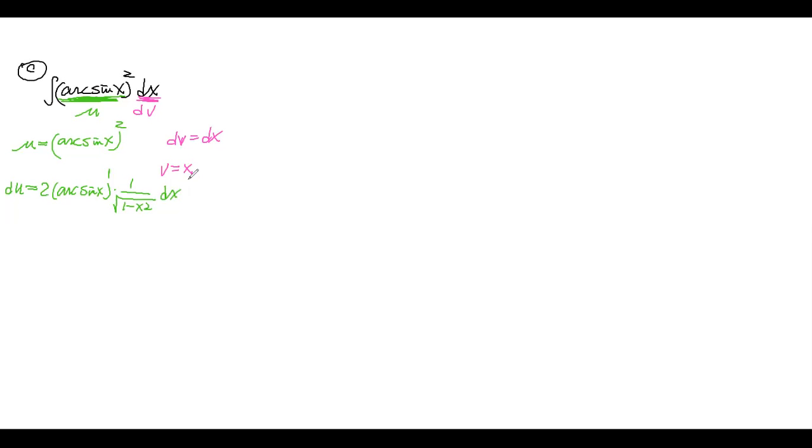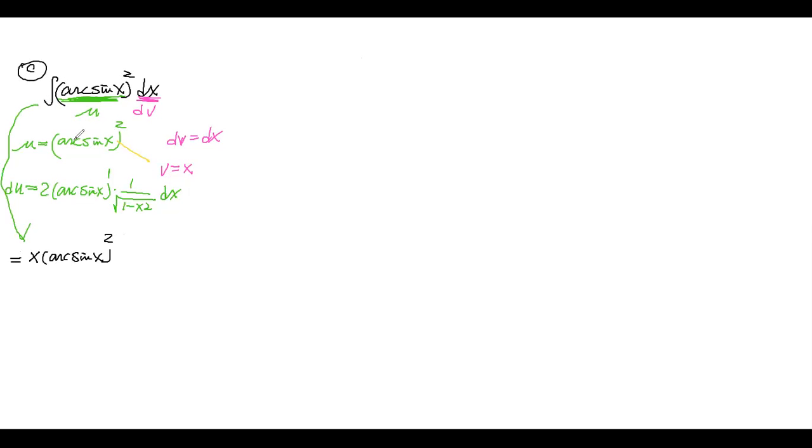Okay, so now we can write it. So now it will be uv, right? So let's take a look. uv is here, it will be x times the arc sine x squared.